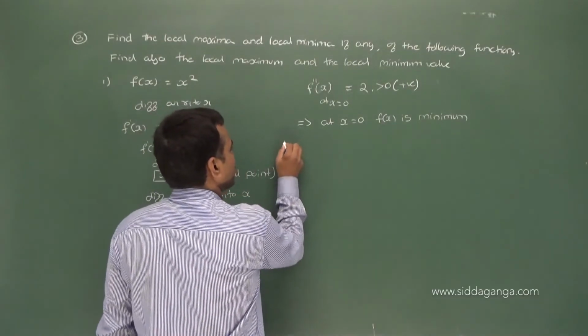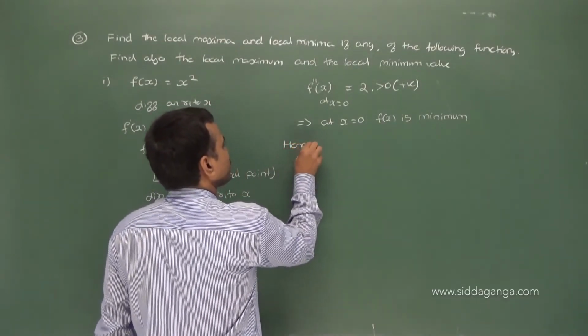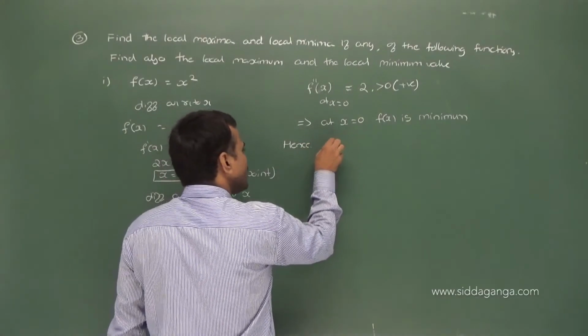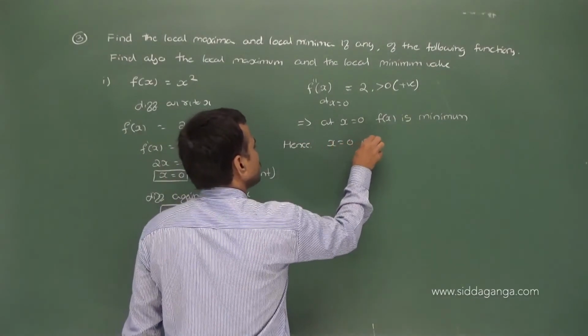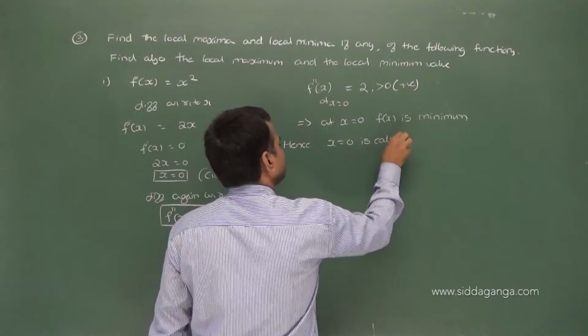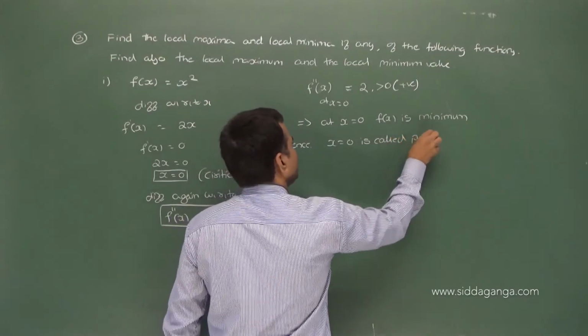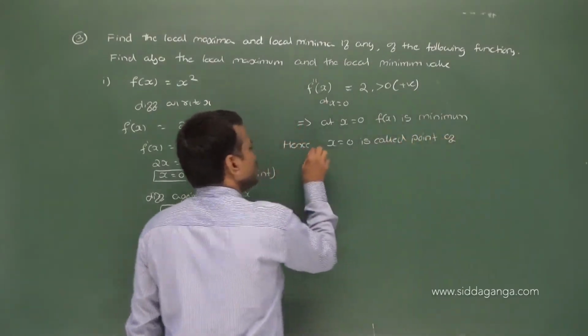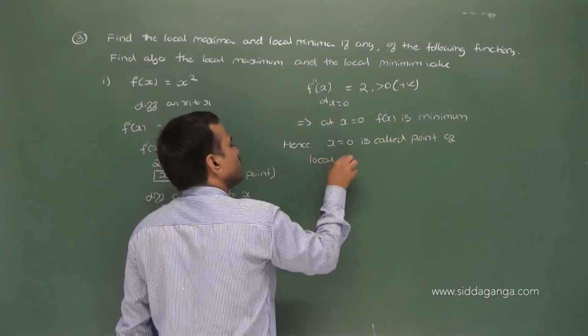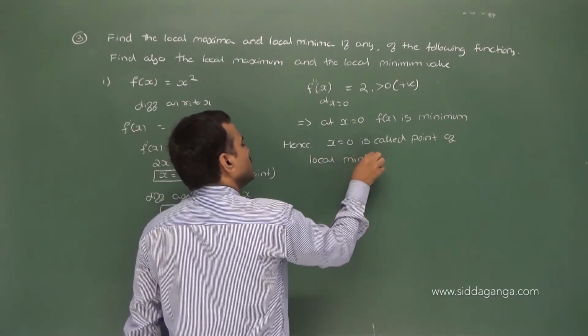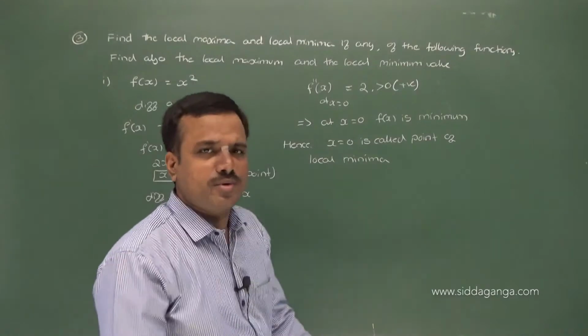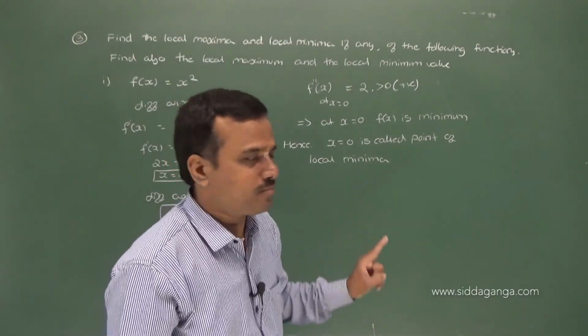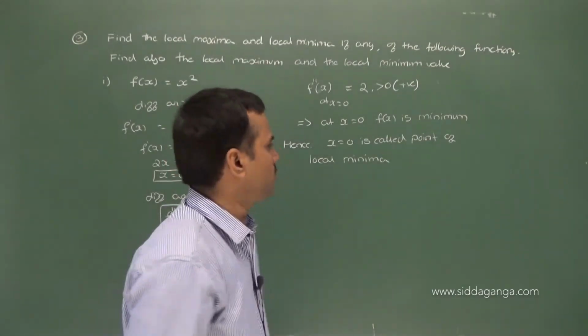Next line. Hence, x is equal to 0 is called the point of local minima. Or if you write simply minima, no problem. Point of minima or point of local minimum.